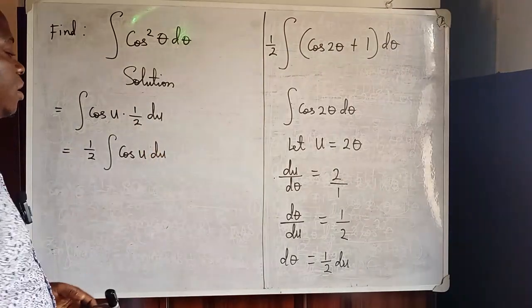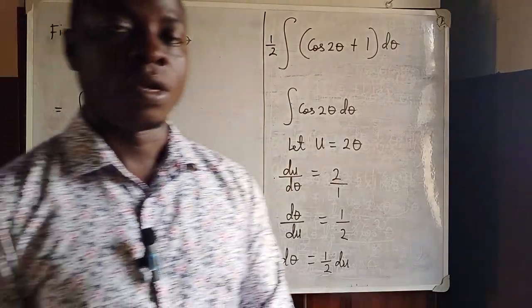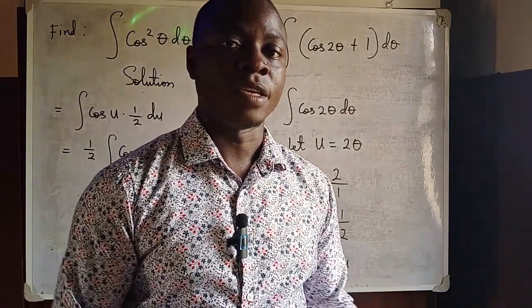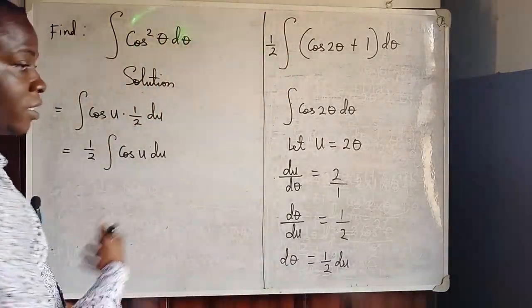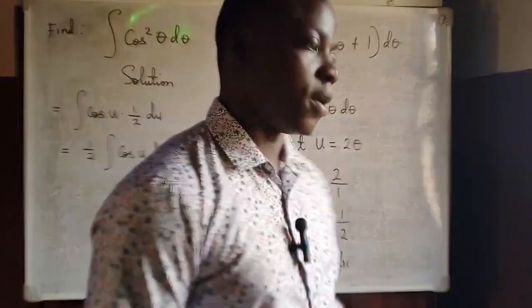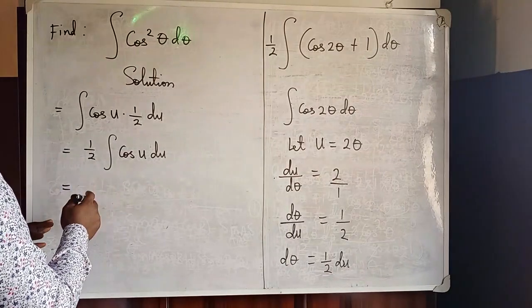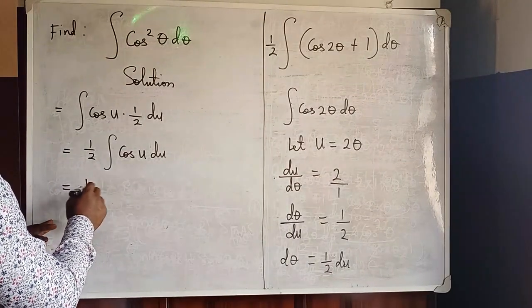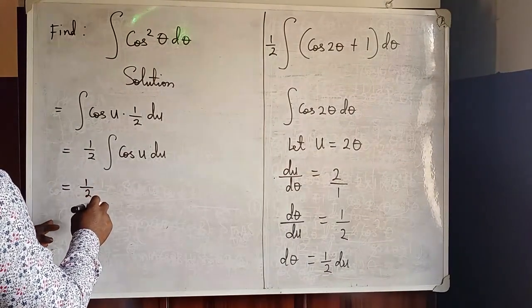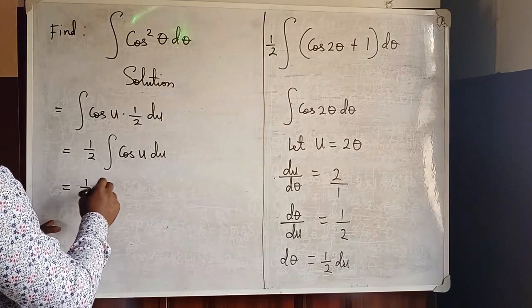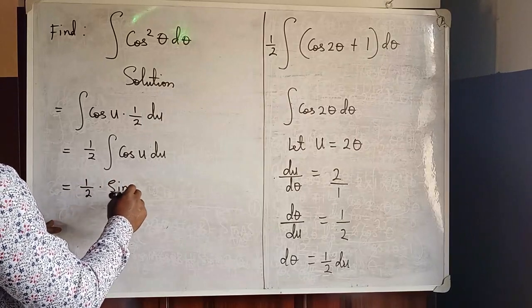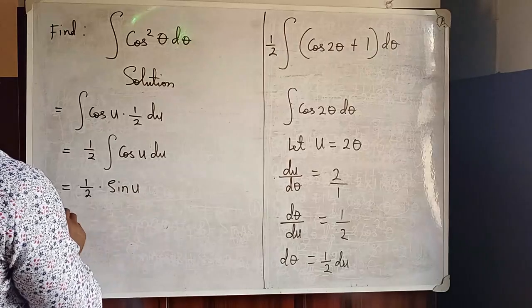Now if I integrate cos u, I'm going to have sine u. That is one of the standard integrals. The integral of cos u is sine u, so that will be 1 over 2 sine u. And what is my u?